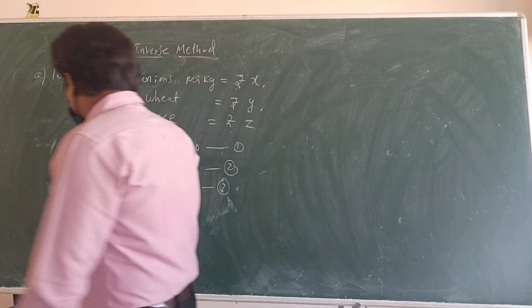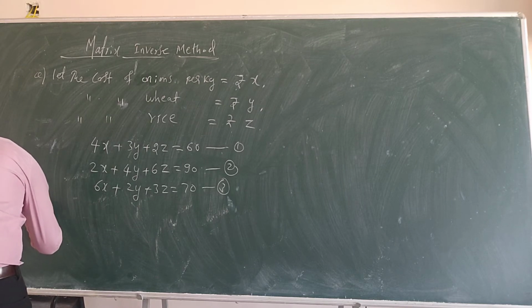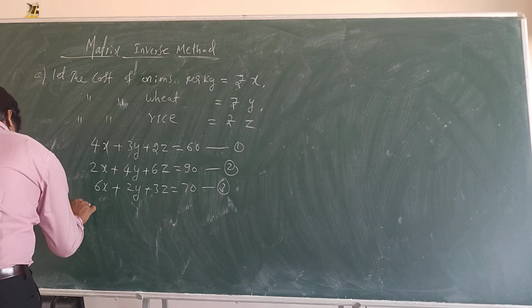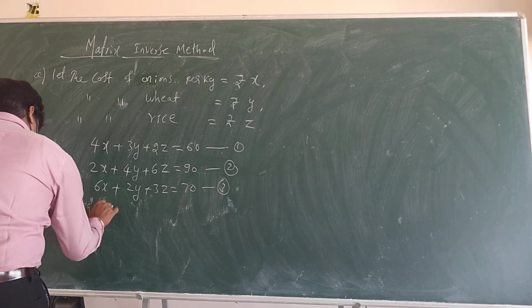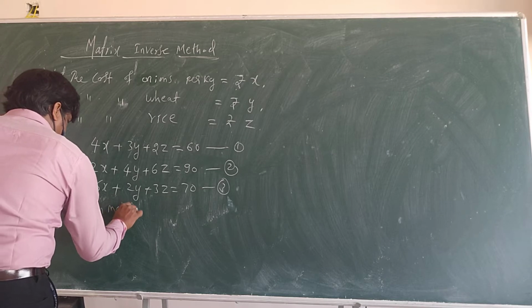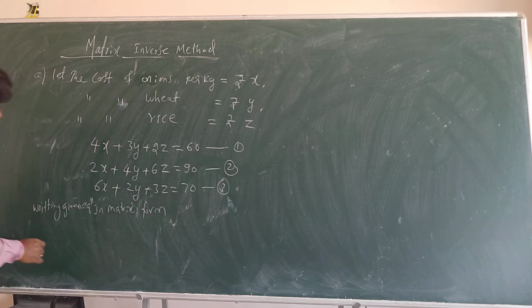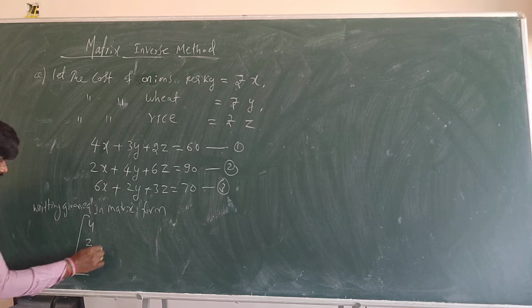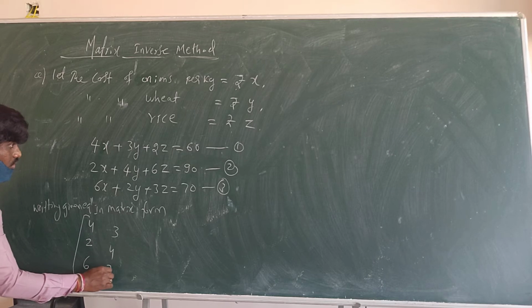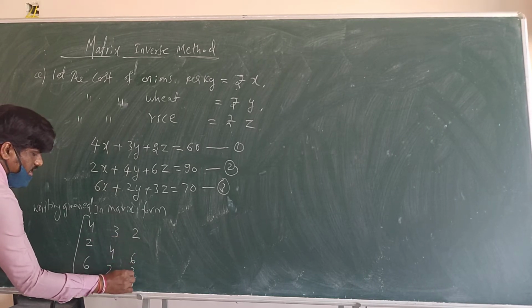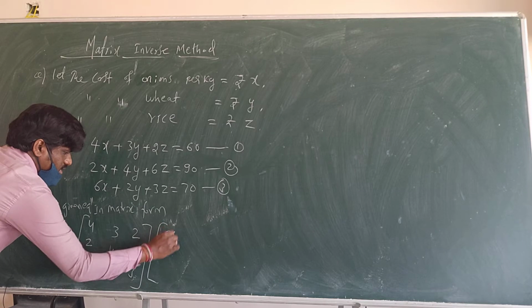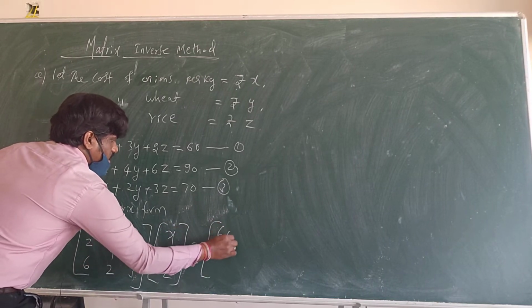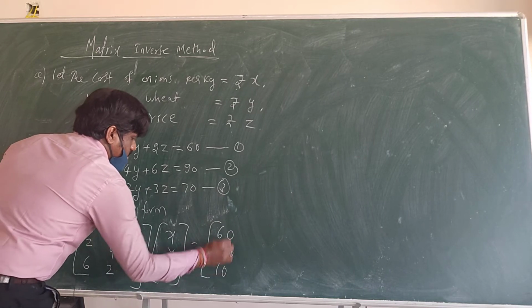Writing the given equations in matrix form: the matrix with rows 4 3 2, 2 4 6, 6 2 3, times x y z, is equal to 60 90 70.